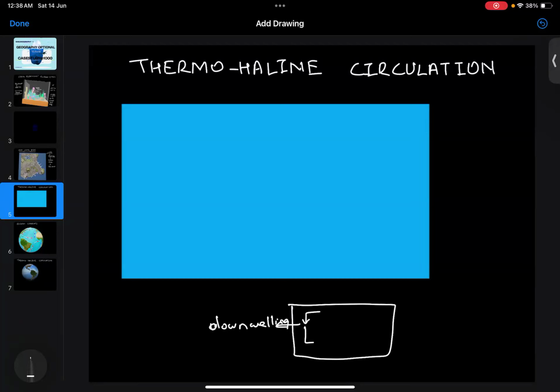Okay, here the downwelling is taking place, and at another point there is the phenomenon of upwelling. Okay, how this happens, let's look at it here.